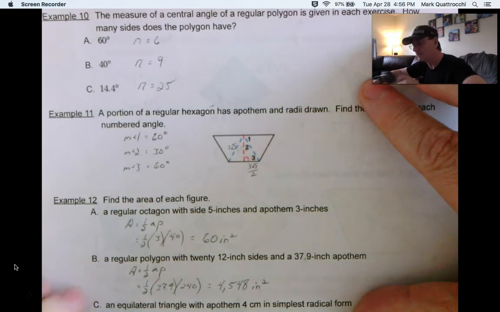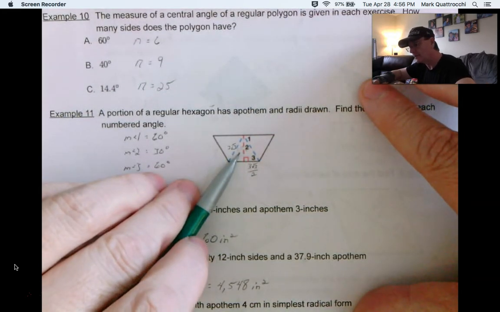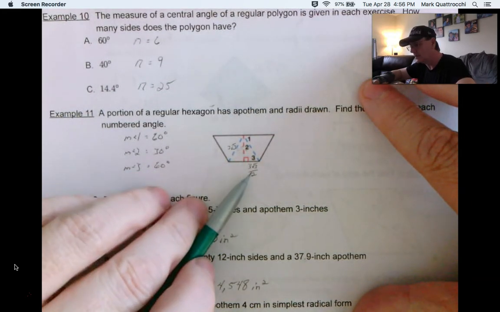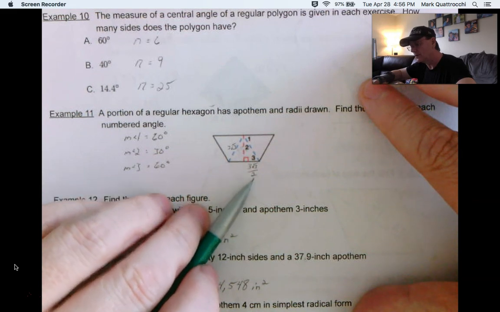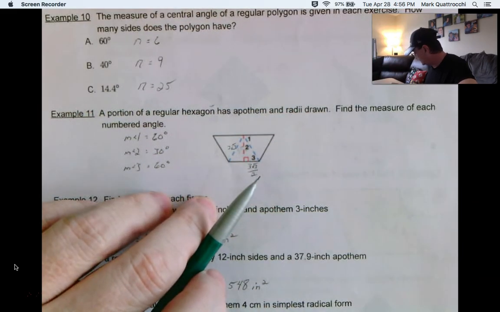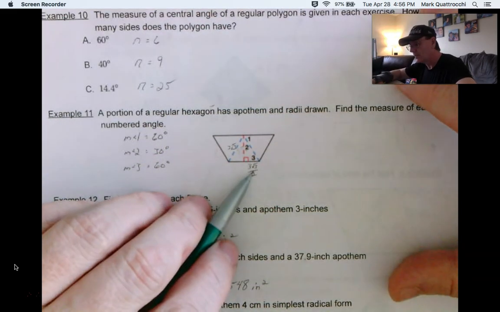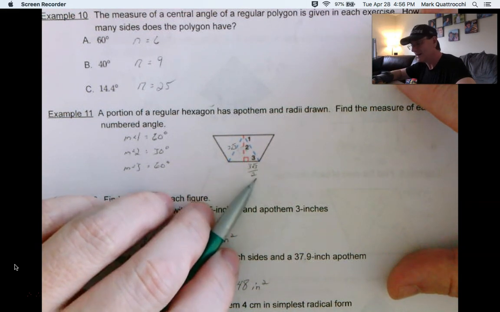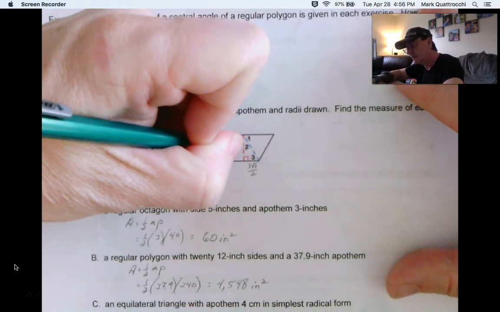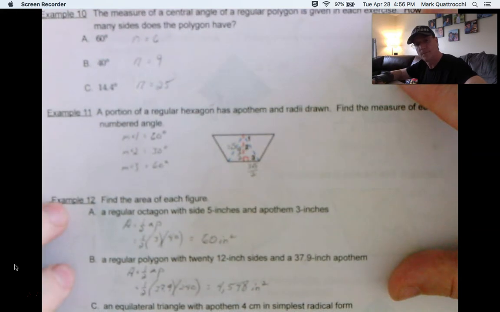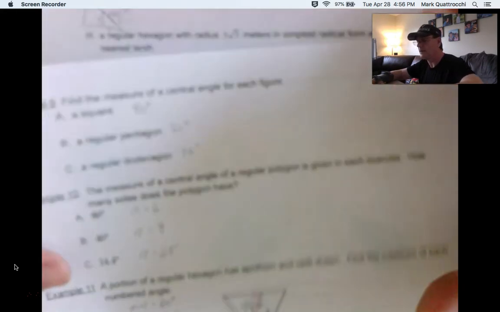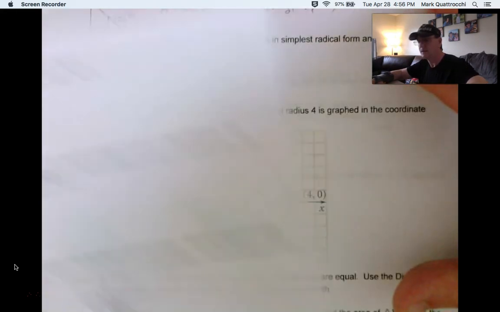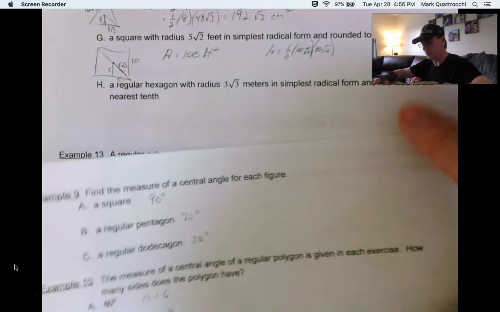It's half of that. And the apothem is 3 square root 3 over 2 times the square root of 3. So square root 3 times square root 3 is 3. 3 times 3 is 9. This is 9 over 2. So we now have everything we need to solve the problem.